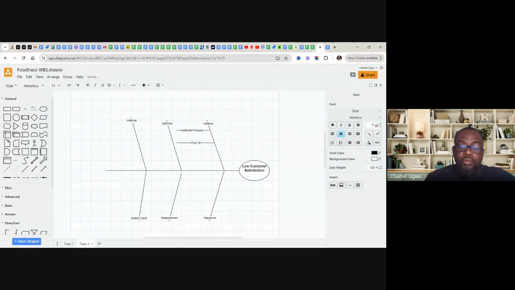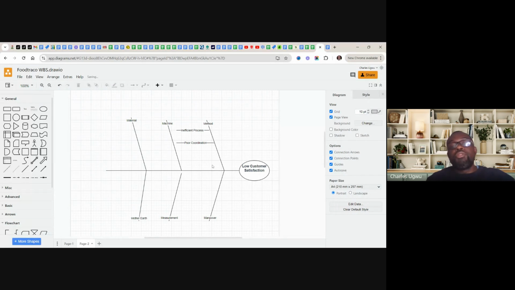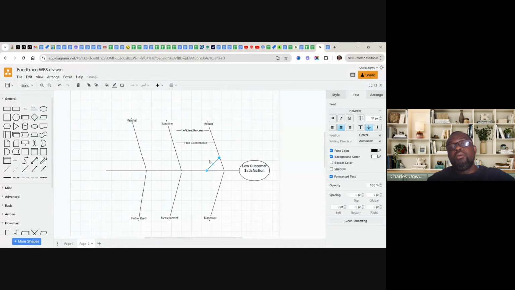For coordination, and say poor standardization.